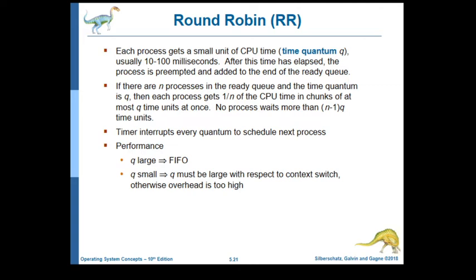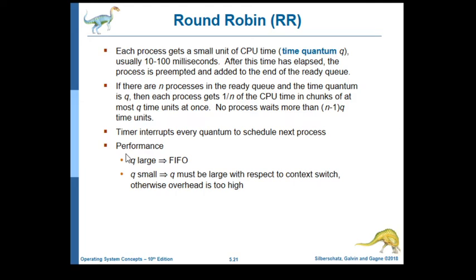Each process will get up to 20 milliseconds every 100 milliseconds, and no process waits more than (n minus 1) times q time units. The timer interrupts every quantum to schedule the next process, but only if the CPU burst of the currently running process is more than the time quantum. This statement we already explained using the example previously.